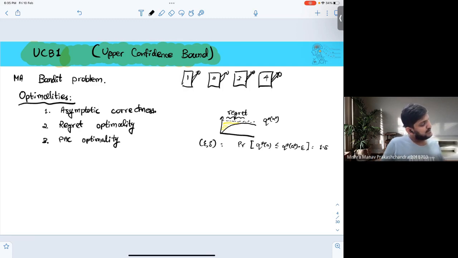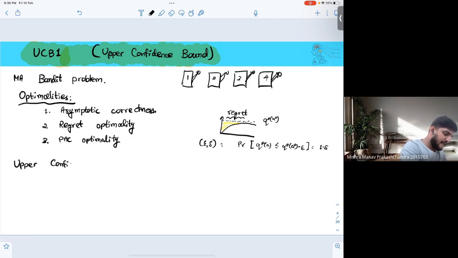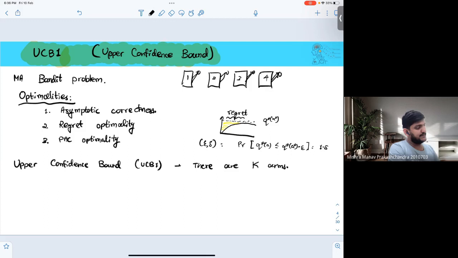So now for upper confidence bound algorithms, or UCB1, there are k arms. We start with k arms. And the way it works is, you start off with a stationary distribution.